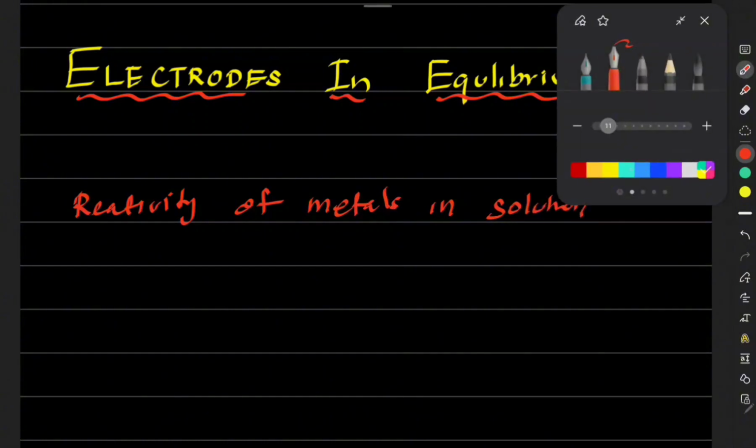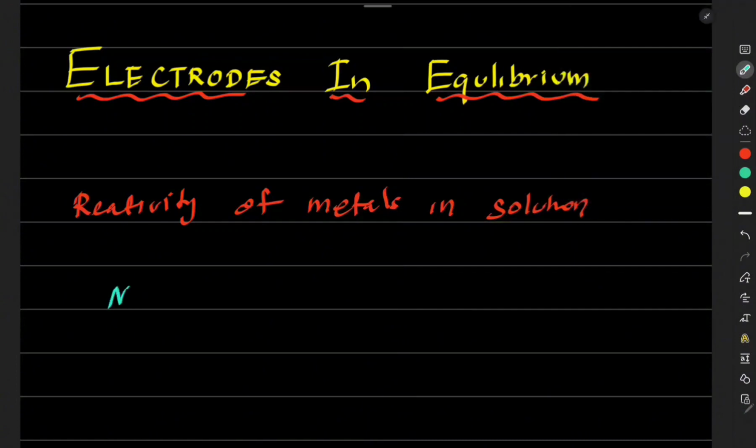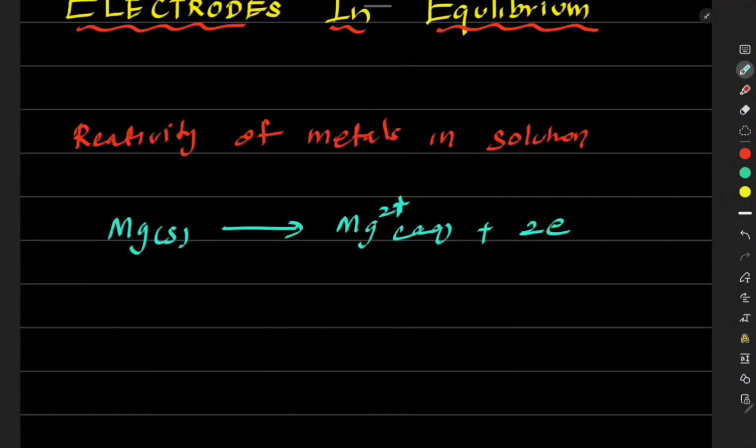For example, if we place a metal in a solution, I'll take magnesium. Magnesium in aqueous solution: it is in solid state and forms Mg2+ ions, aqueous, and 2 electrons. When a magnesium rod is dipped in the magnesium 2+ solution, there will be a quick buildup of electrons on the magnesium.